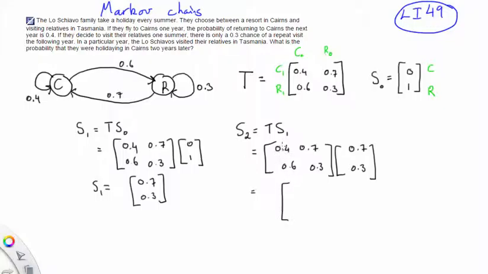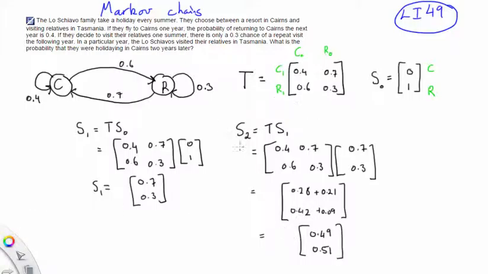So we have 0.4 times 0.7, which is 0.28, plus 0.7 times 0.3, which is 0.21, and 0.6 times 0.7 is 0.42, plus 0.09. Okay, so we get 0.49 and 0.51. There's our state 2.